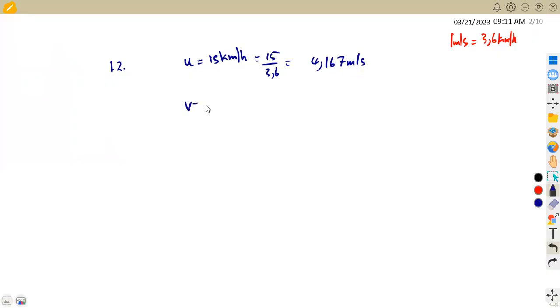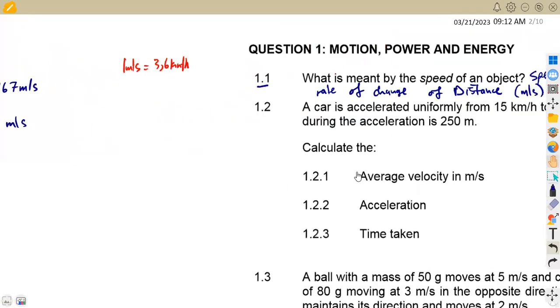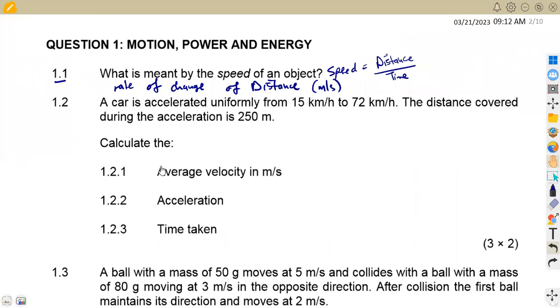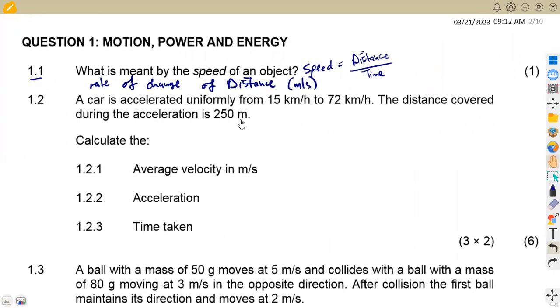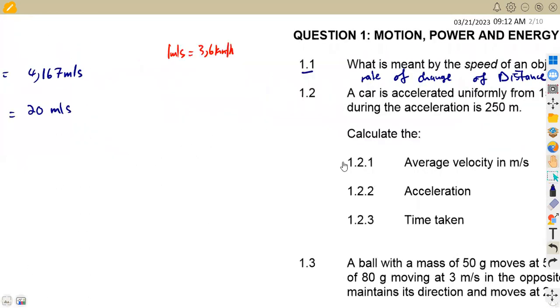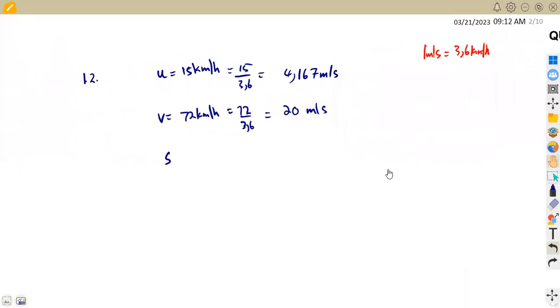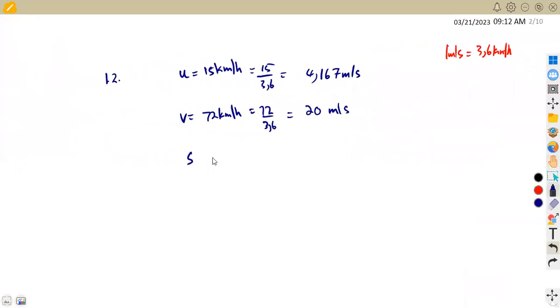Our final velocity was 72 kilometers per hour, so 72 divided by 3.6 is 20 meters per second. We are also given the distance for the acceleration, which is 250 meters.